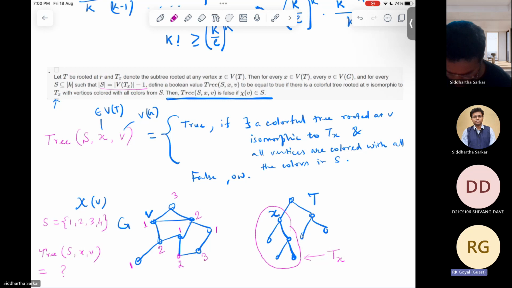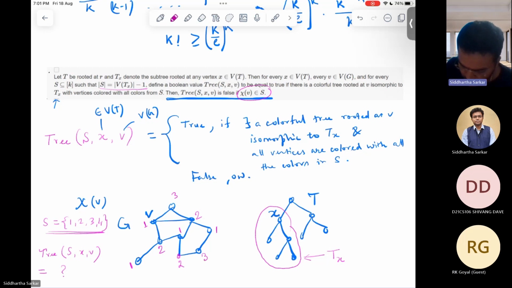But I'm still not clear what this chi of V being an element of S indicates, when the value of this Boolean is false. This indicates that V is colored using one of the colors in S. So if V was 5, then that would be false. Here S is only 4 colors, 1, 2, 3, 4, and chi of V belongs to S means that V is colored with one of these 4 colors only.